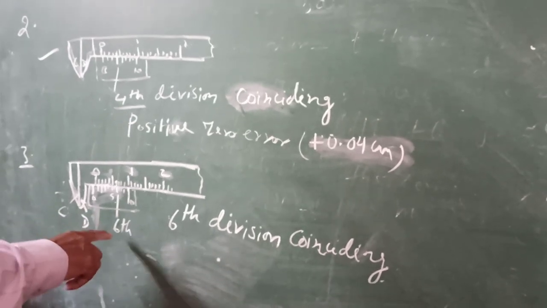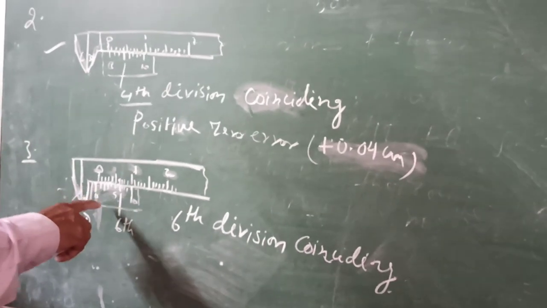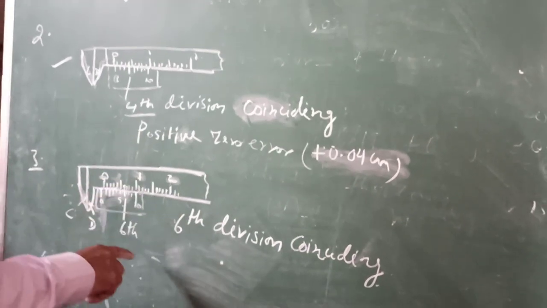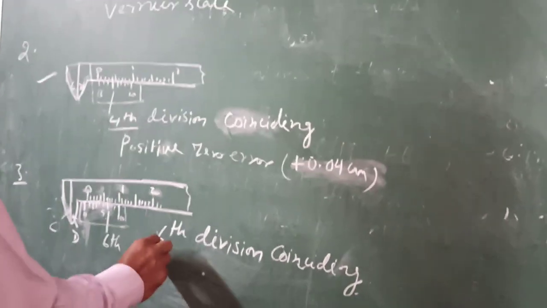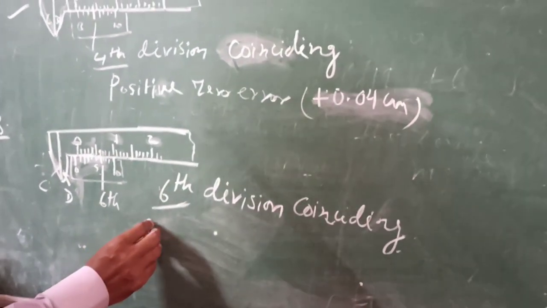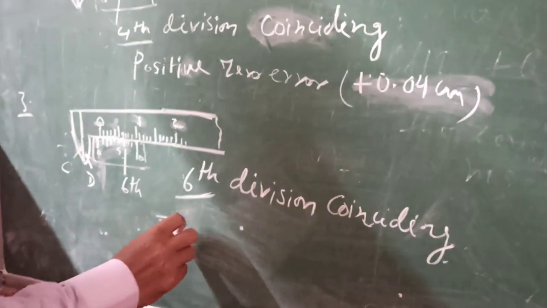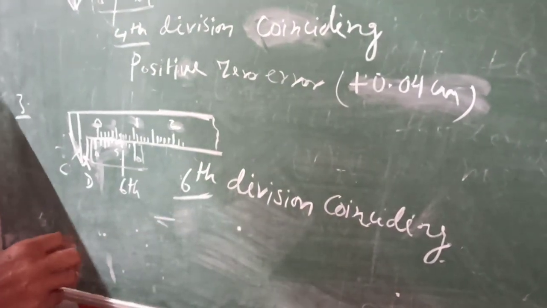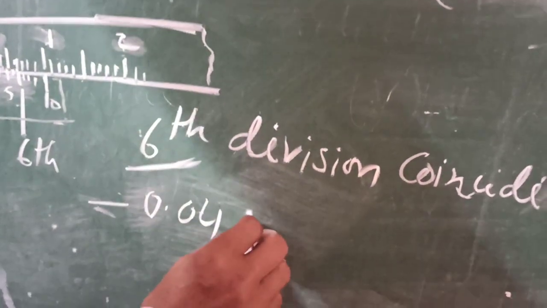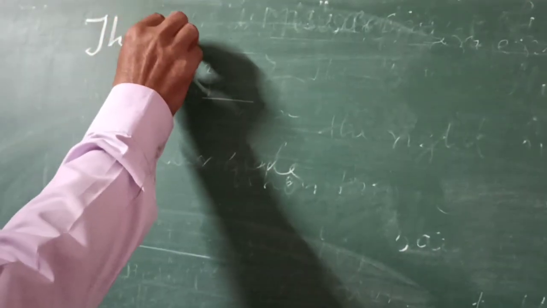Third, the sixth division of the vernier scale coincides with the main scale. So the sixth part, it means negative zero error is minus 0.04 centimeter.